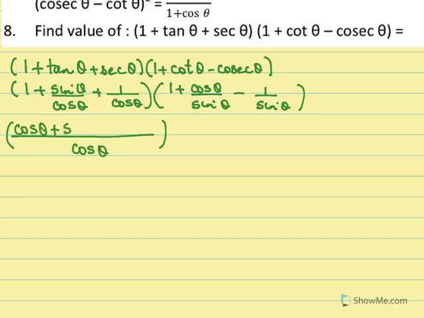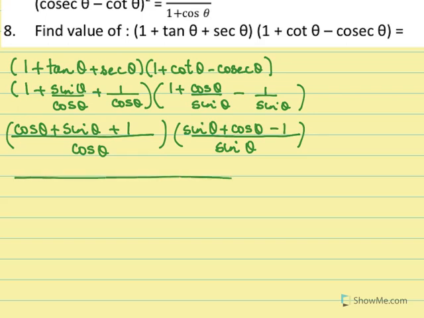So we'll have cos theta plus sine theta plus 1, and in this bracket here we have sine theta, so here it will be sine theta plus cos theta minus 1. Now the numerator we have to multiply, but the denominator is quite small, so we just multiply it straight on.